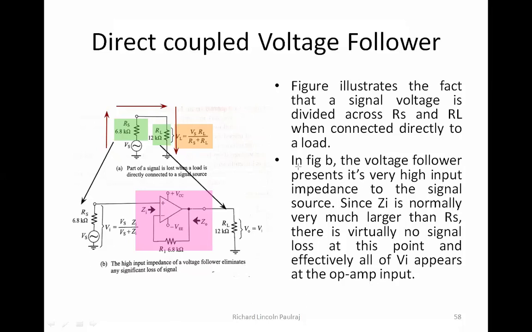Okay, now one thing, students, you should understand, when I say high input impedance, what do you understand? Is it blocking the voltage or is it blocking the current? If you are clear with this question, then understanding linear integrated circuits shouldn't be a problem. So what is high input impedance? What is it blocking?